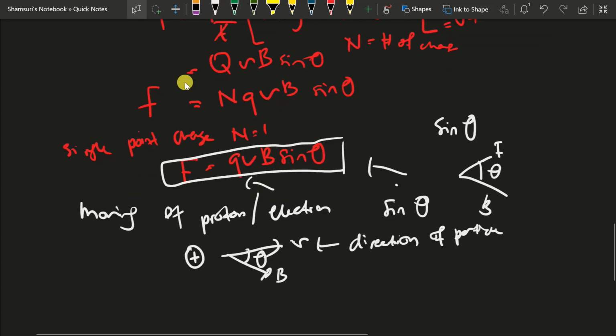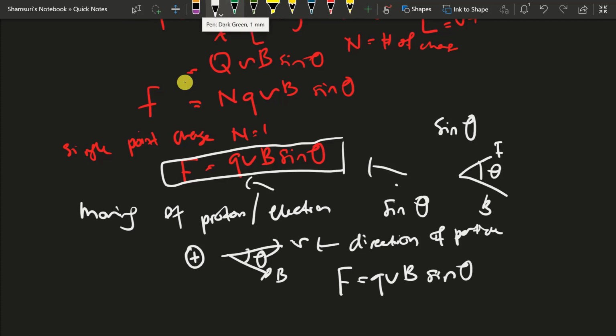Then we can use this formula F is equal to QVB sine theta. Same case, the only thing is a different avenue. We have shown you the proton moving with some speed, and then we can calculate its force.